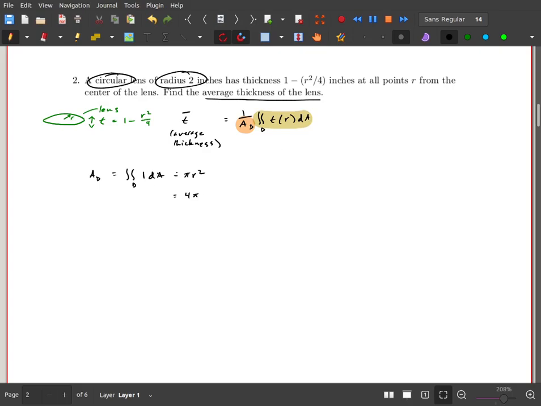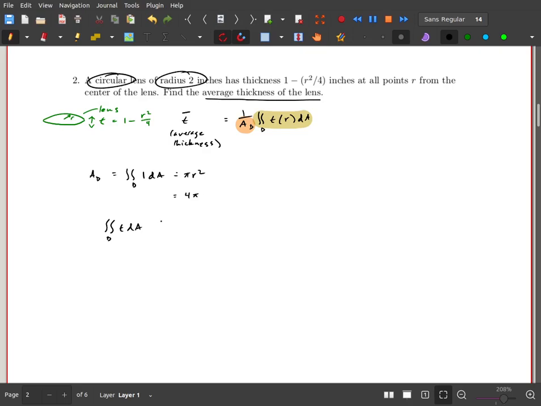So in this case, we have a circle, radius r equals 2. And we'll need to evaluate our double integral, t dA. So what would our limits of integration be, and what would the order of it be?